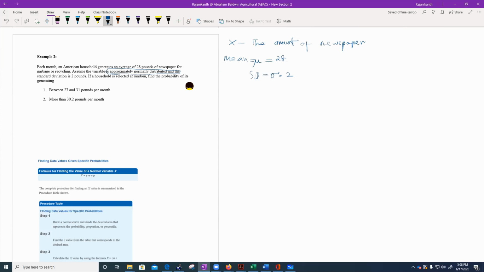Now let us draw the picture for the first part. The first part says to find the area. Probability means area, right? You need to find the area between two values. First let me draw a normal distribution curve. Now my variable is normal, therefore the middle point is my mean, which is 28. You need to find the area between 27 and 31.